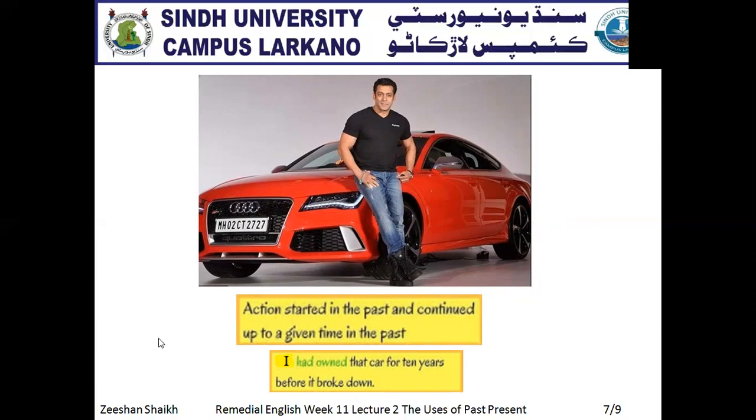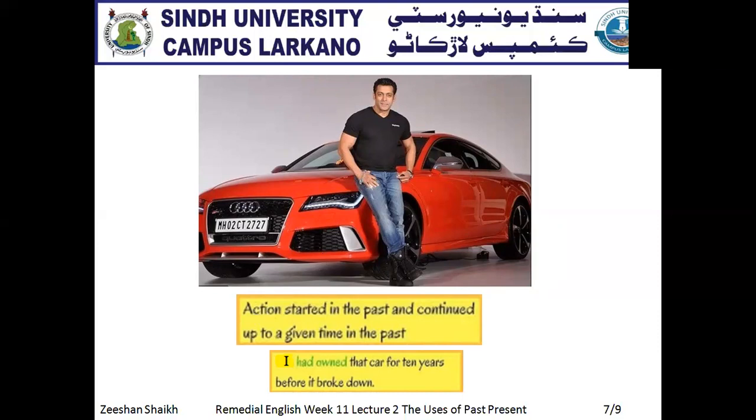Now, if you see the example, I had owned that car for 10 years before it broke down. Now, there is a person, for example Salman Khan, who had owned that car for 10 years. Means this 10 years is basically the specific, or given, timing for that period that I had owned that car.